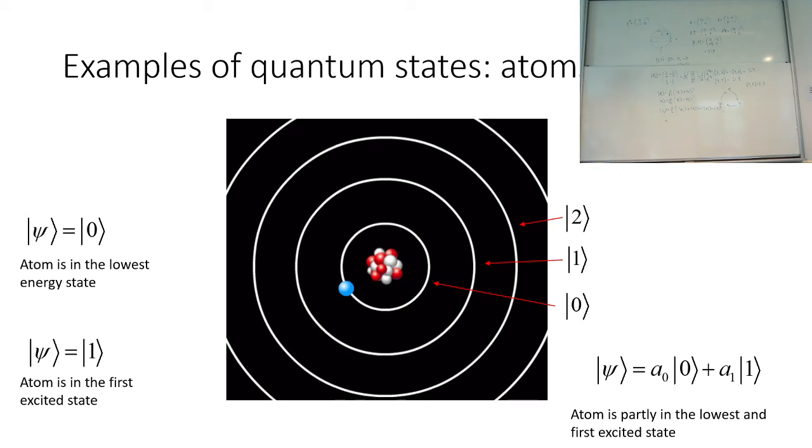We don't actually solve it in this course, but it turns out there are discrete states of an atom as predicted by quantum mechanics. For example, these different states of the atom could be the states I was just mentioning. 0 is the lowest energy state of the atom, 1 is maybe the next most excited state, 2 is a more excited state.